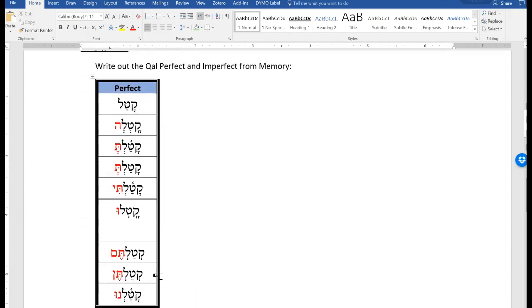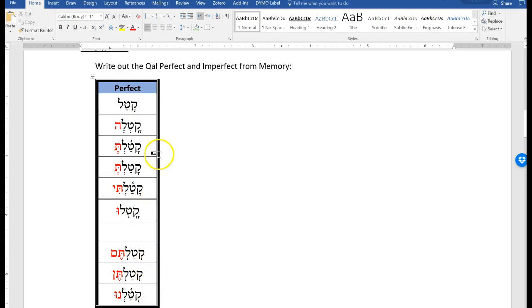Now, you want to make sure that you can write out these conjugations. This is a call perfect. Katal, katila, katalta, katalt, katalti. Katlu is going to have the same form for the third feminine. Katalu, kataltim, kataltin, katalnu. So you want to make sure that you can write that out well.